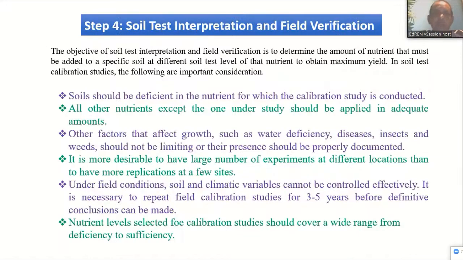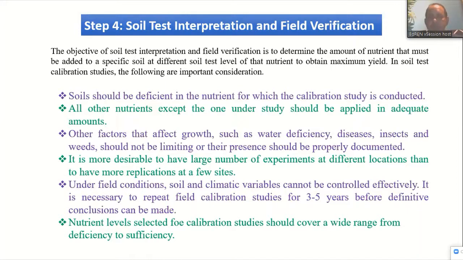And next one is soil test interpretation and field verification. After analyzing, we can say whether some nutrients are in shortage or not. When we get a report after a chemical analysis of a soil, suppose we find sulfur is 10 ppm, but its critical level is 14 ppm.